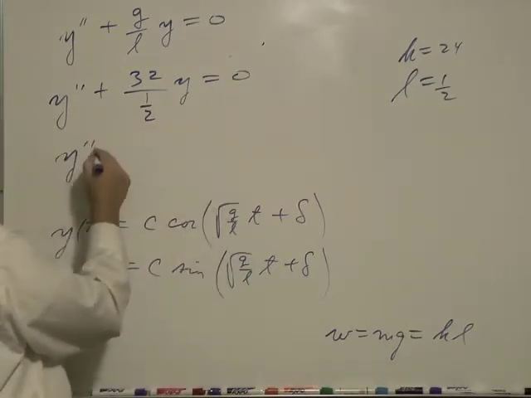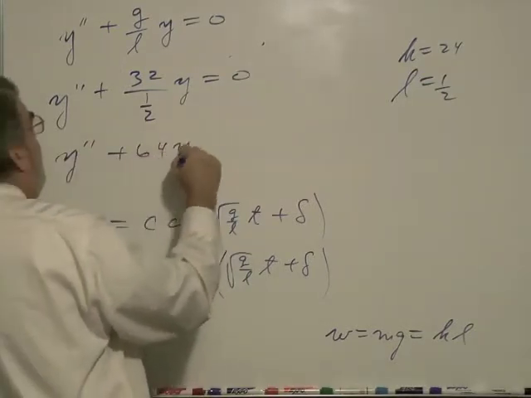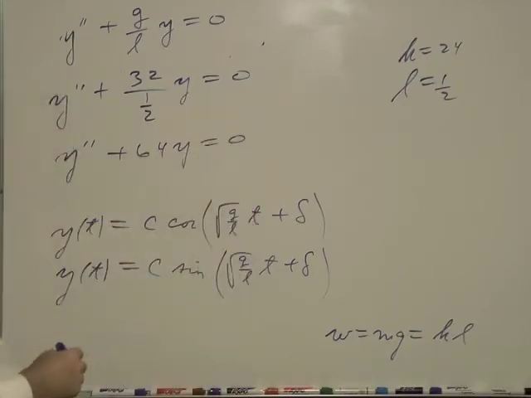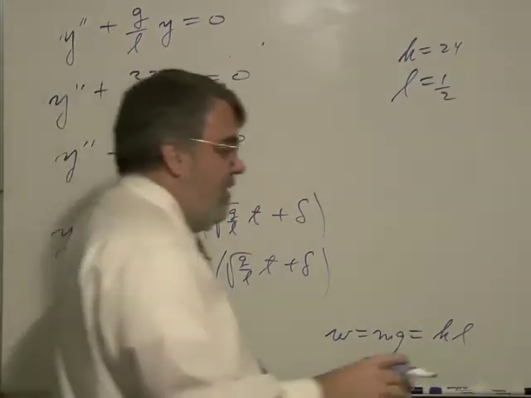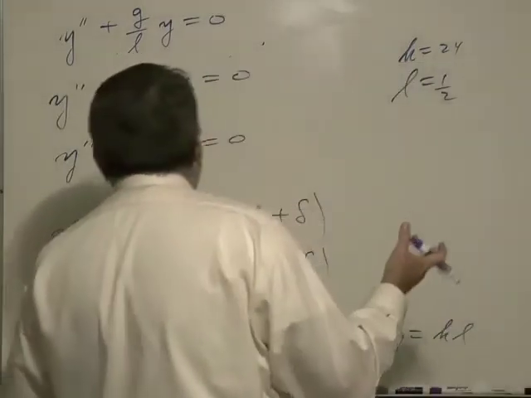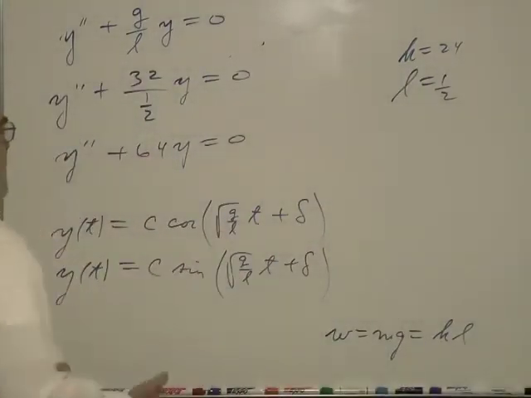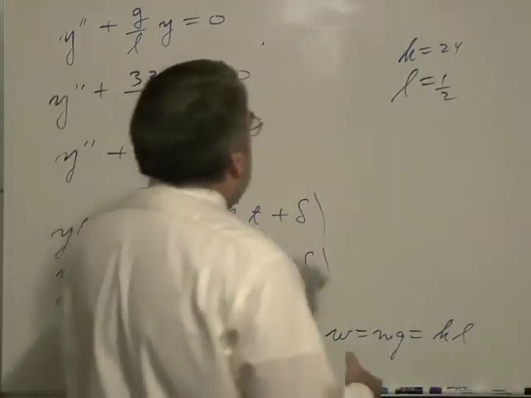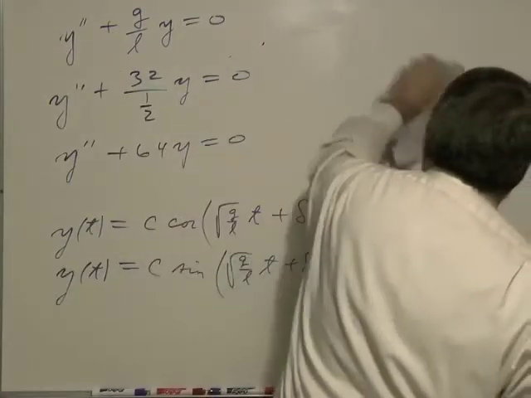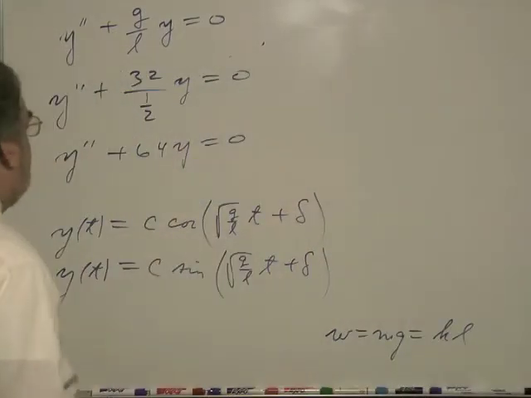Then y double prime plus 64y equals 0. There we go. And actually we could just write in the answer here if we wanted to. We have pretty much got it figured out. But we can solve this.